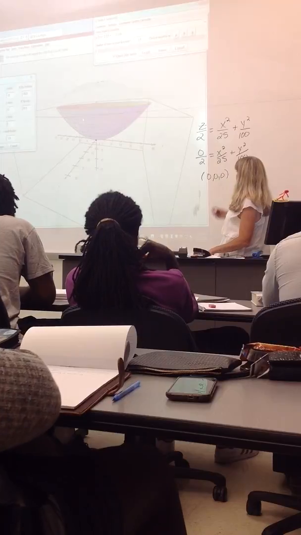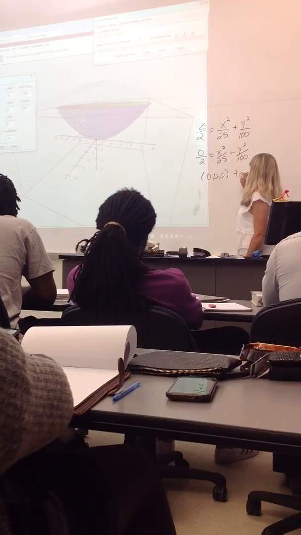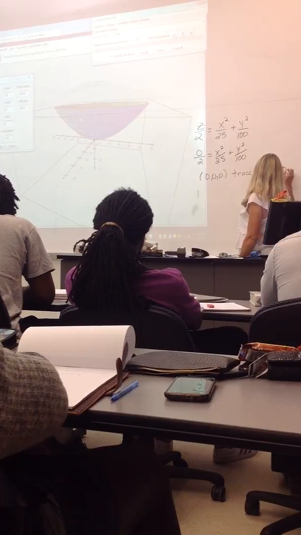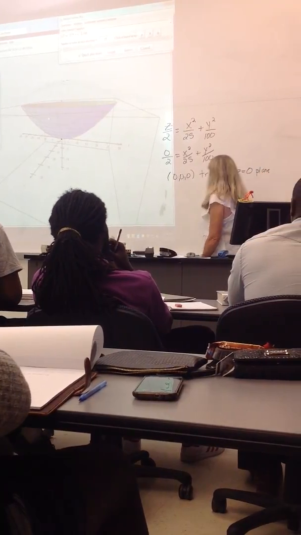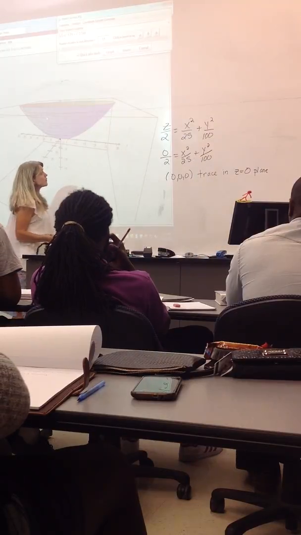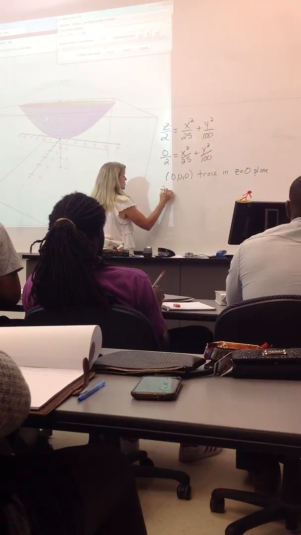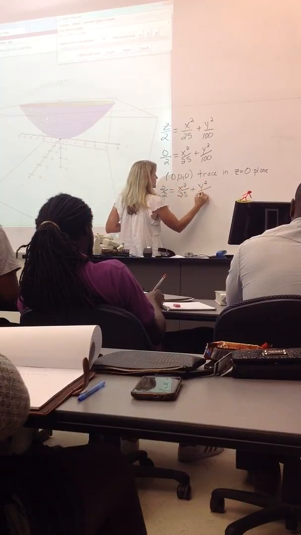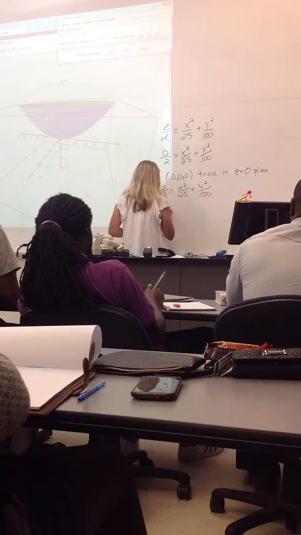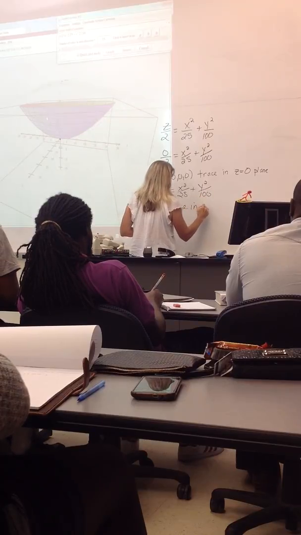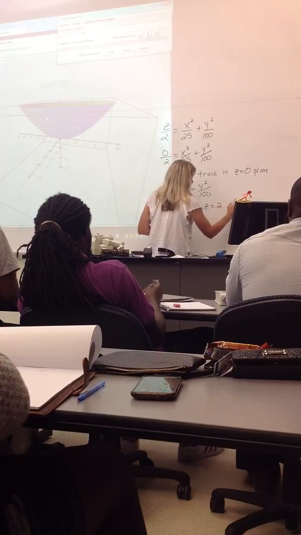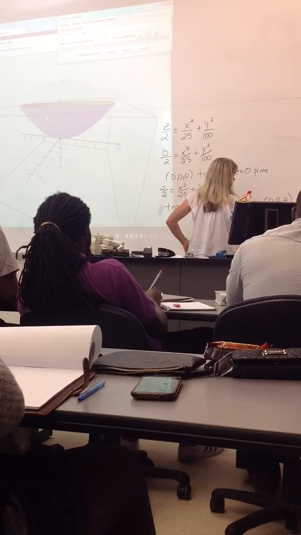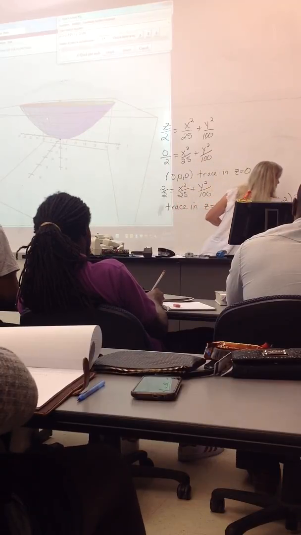Okay, so 0, 0, 0 is the trace in the plane z equals 0. It is just the point, the origin. We already plugged in 2, and the trace in the plane z equals 2 was an ellipse, and the center was 0, 0, 2, and I'll just draw a picture real quick.